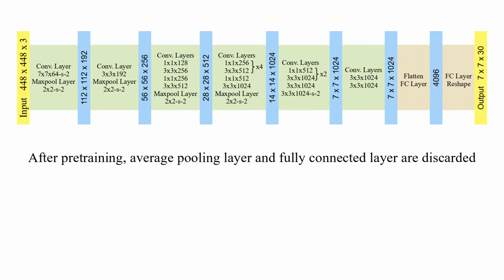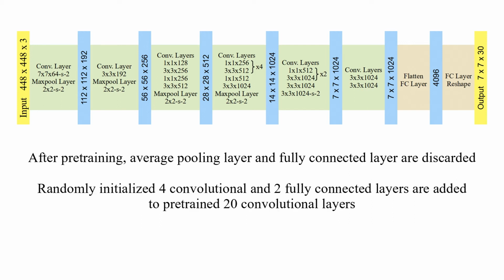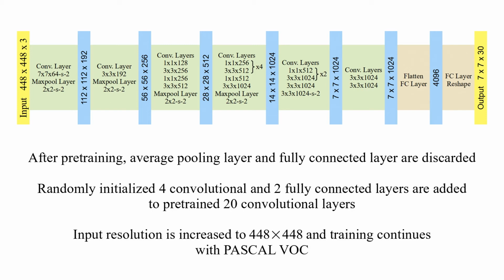After pre-training, the average pooling layer and fully connected layer are discarded. Randomly initialized 4 convolutional and 2 fully connected layers are added to the pre-trained 20 convolutional layers. Input resolution is increased to 448 by 448 and training continues with Pascal VOC.